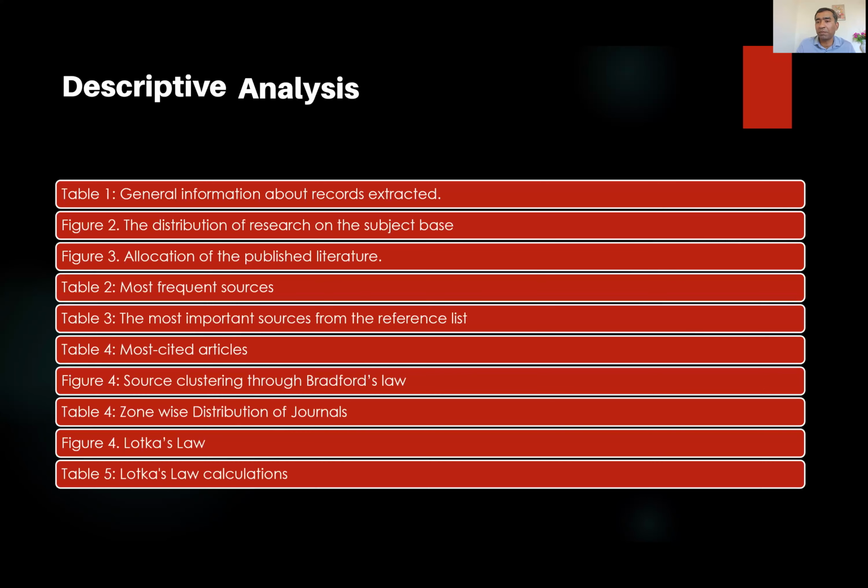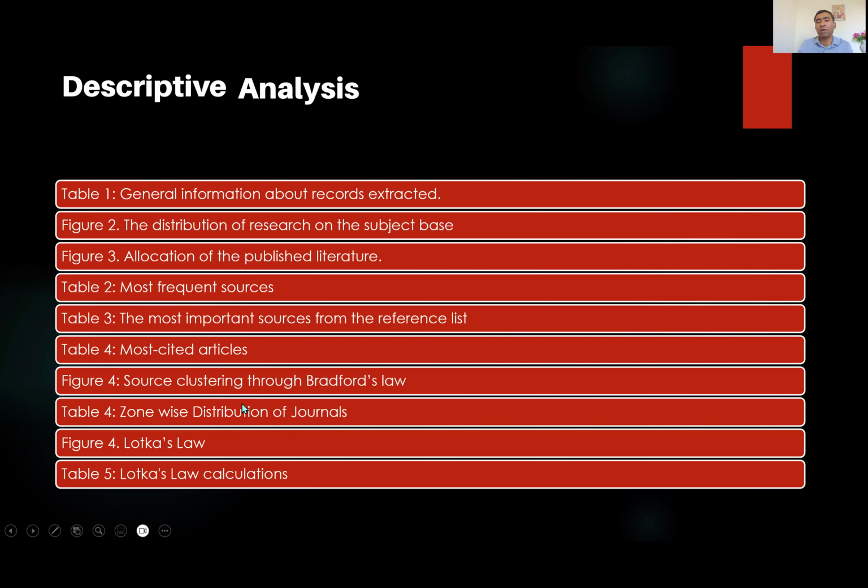So when we talk about the descriptive analysis, these are the tables and figures which you can see already available in that template. Okay, so we can provide general information, the year, the number of articles, authors, and all this. If you check here, then we have distribution of research based on different subjects, allocation of the published literature, meaning year-wise research, frequent sources, the sources meaning the journals which have the highest published research articles, then the most important sources from the reference list.